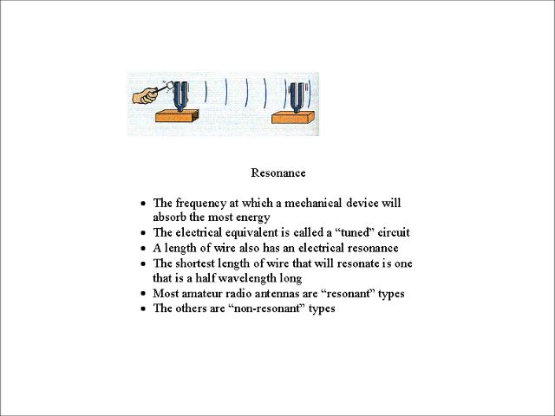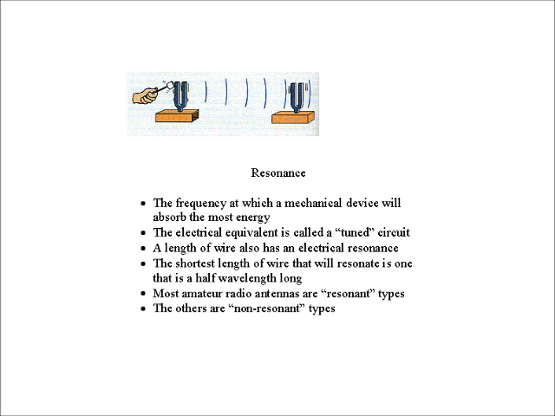So in the electrical world, we talked about the tuned circuit. We're going to play with one tonight. But there's also an electrical resonance for an antenna. Remember we talked about that 30 megahertz signal. It's a 10 meter long wave. Well, for antennas, the shortest length of wire that will resonate is one that is a half a wavelength long.